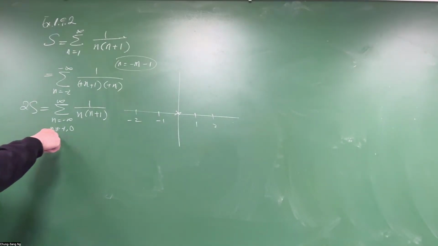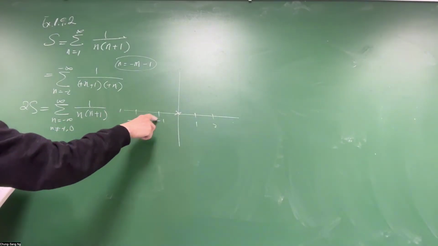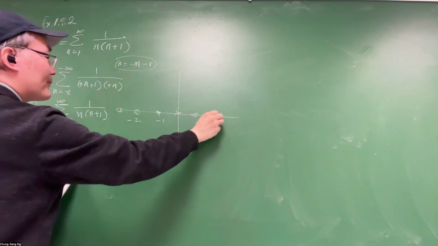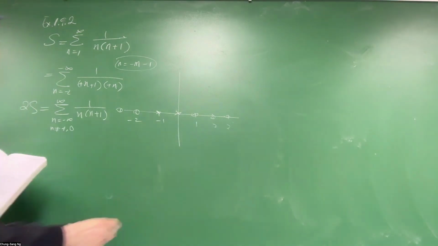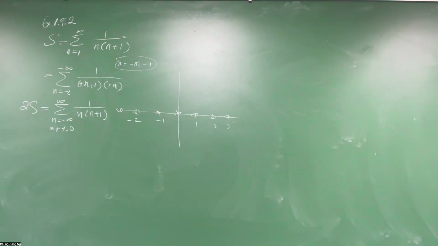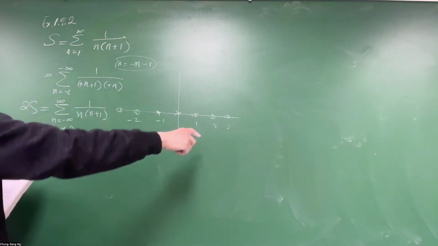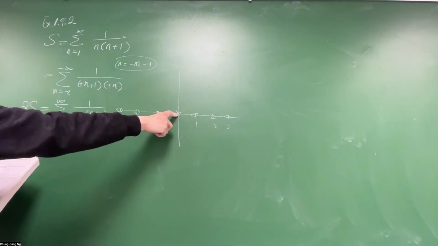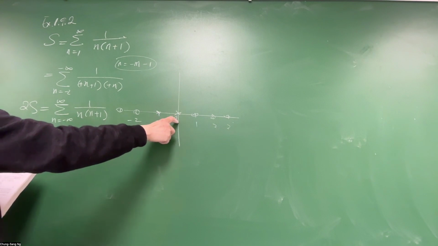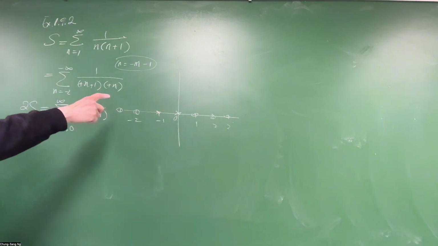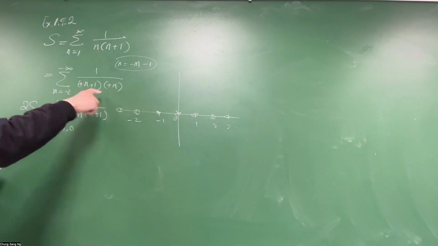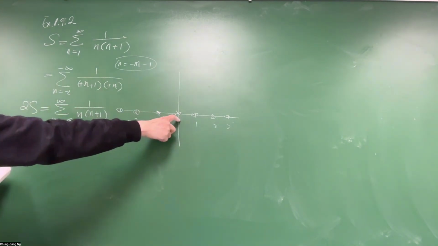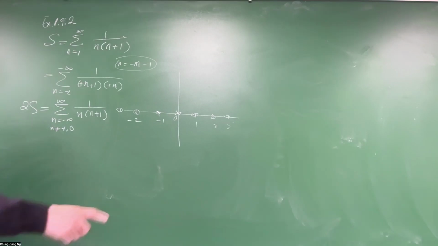So this sum is over all the integers except minus 1 and 0. Which means when we derive the formula, we need to treat these two poles separately, because these poles are the poles of cotangent and also the poles of F. So most likely those are second order poles, right?